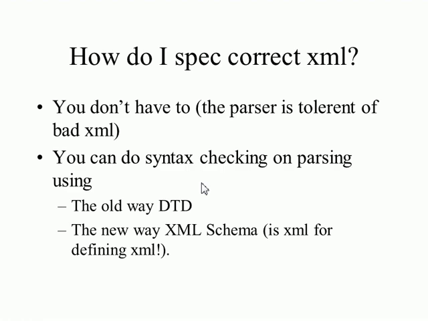DTDs still exist and are in common use today. XML schemas are the XML version of the data type definition language, and they allow you to use an XML-like format to define the grammar for the XML that follows. And so that's a very powerful way in which to define your own syntax.